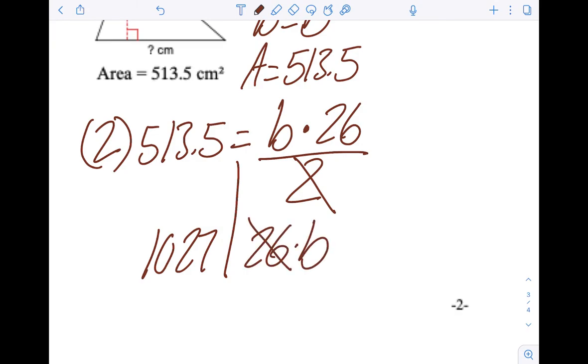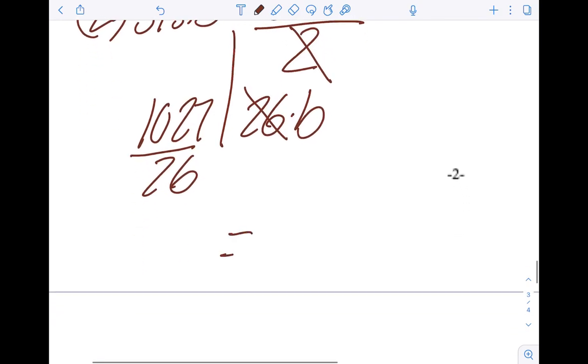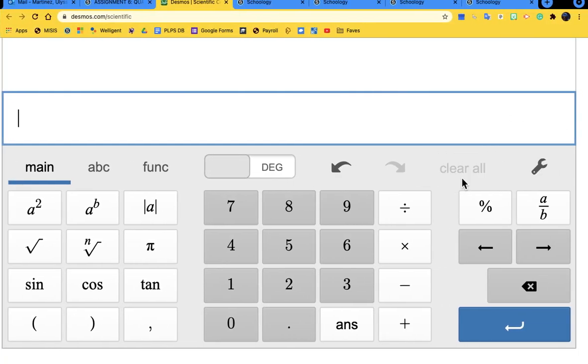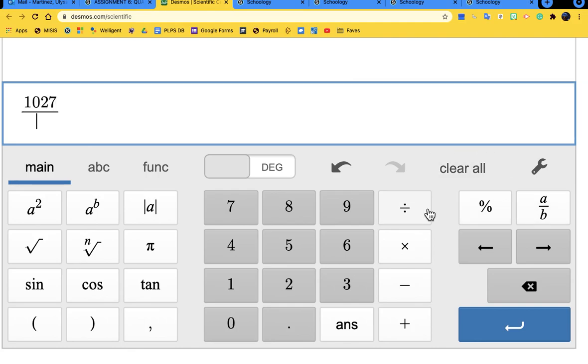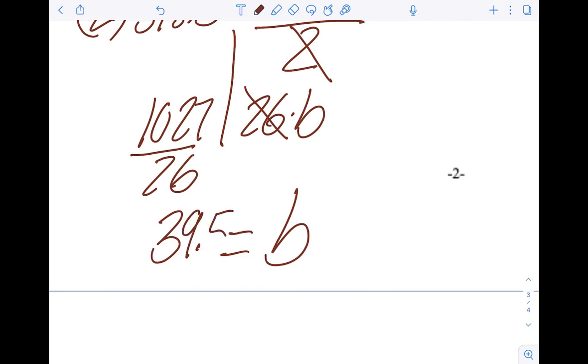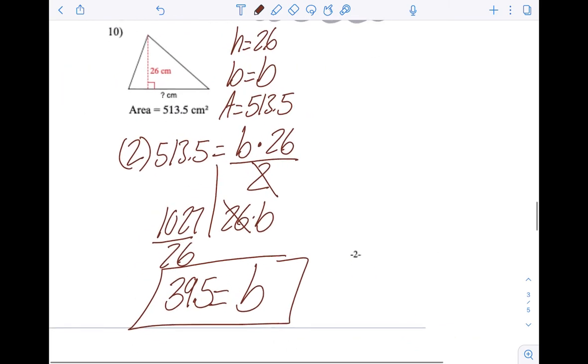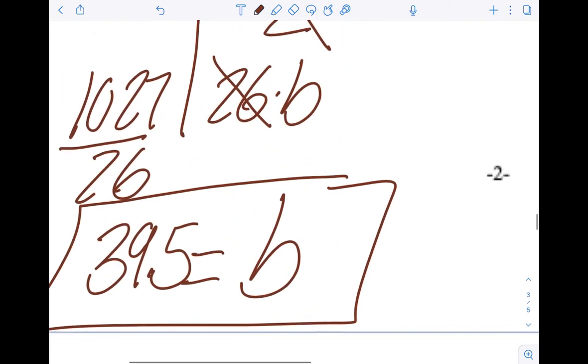The opposite of multiplying by 26 is dividing by 26. So that's going to give us 1027 divided by 26. 1027 divided by 26 is 39.5. 39.5. And there you go right there. That is our solution, centimeters.